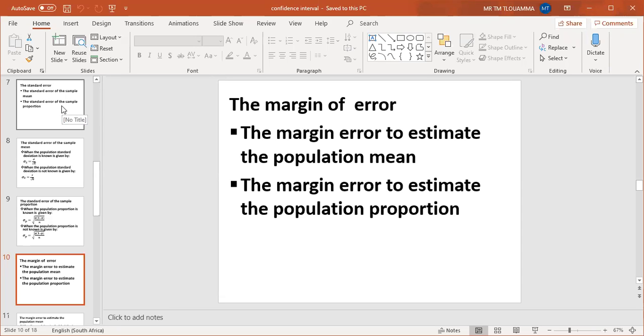Here we're talking about the population. In the standard error, we're talking about the sample, but in the margin of error, we're estimating the population mean and the population proportion. So you must be careful between the two, because they might bring it in the multiple choice questions tomorrow in your test.